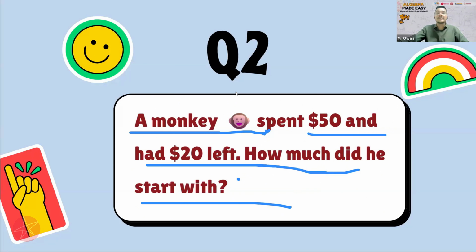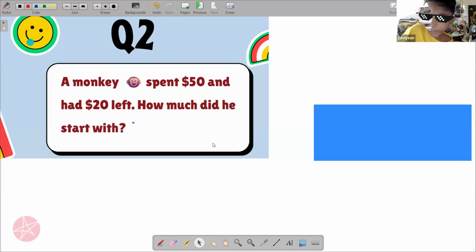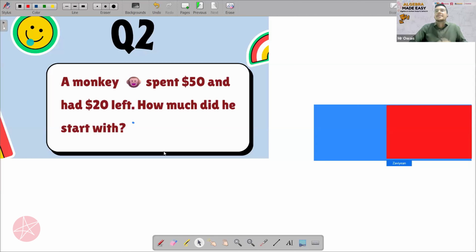If I share my whiteboard? Okay. All right, so I'm gonna share this on my whiteboard now. There we go. So the amount that he spent, let's say you want to keep it on the left.